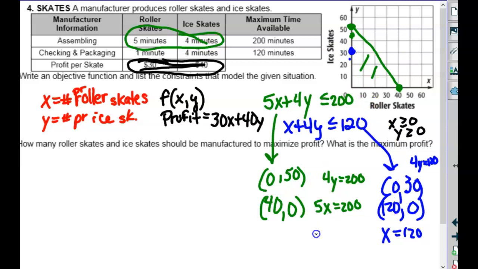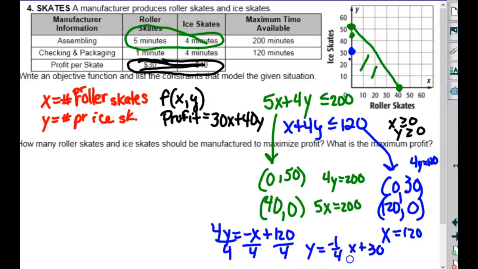What else could we do? Yeah, we could rewrite it. If we move the x to the other side, it would say 4y equals negative 1x plus 120. And then divide by 4. We'd have y equals negative 1/4 x plus 30.